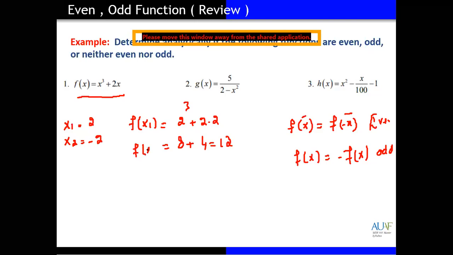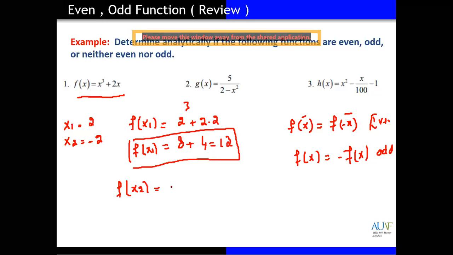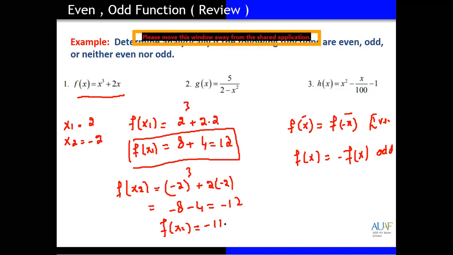F of x1 is equal to 12. Now, what about f of x2? We know that x2 is minus 2, so minus 2 cube plus 2 multiplied by minus 2 equal to minus 8 and minus 4 equal to minus 12. F of x2 is equal to minus 12.